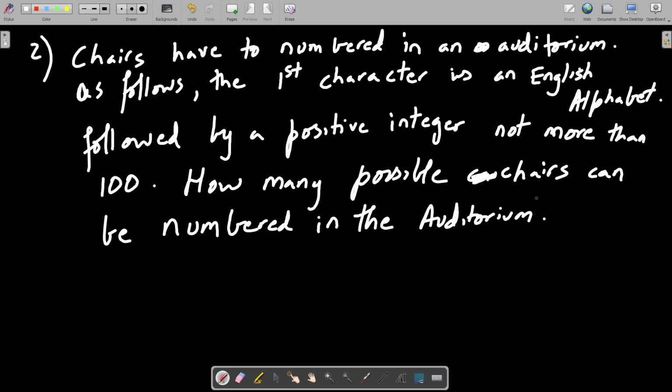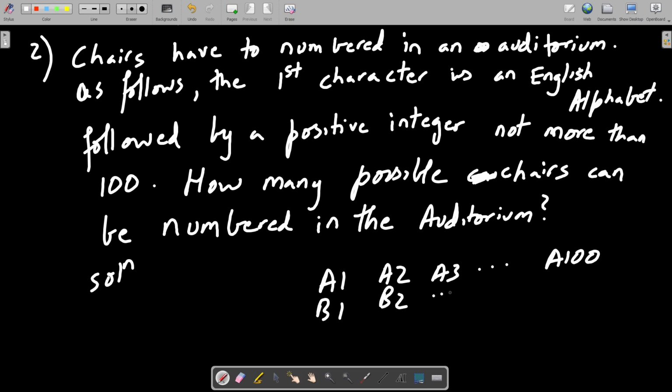Okay, how many possible chairs can be numbered in the auditorium? So how many such chairs we can do for each alphabet, right? See, the numbers are supposed to be written like this: A1, A2, A3, and so on. It will go on up till A100, right? And then you'll start with B1, B2, up till B100, right?